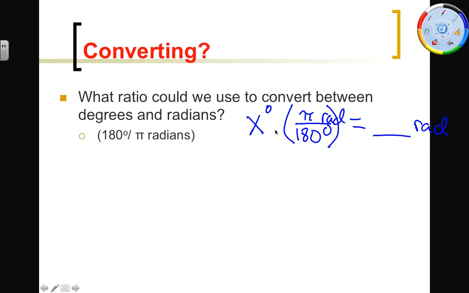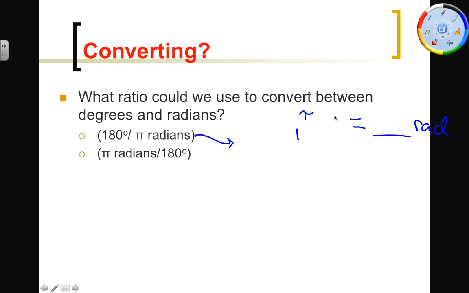So in order to go from, oops, I did it backwards. If I want to convert, I did the wrong one first. It's all right. Let me do a little erasing here. That's what I get for not paying attention.